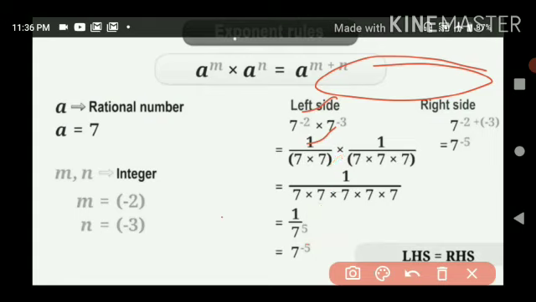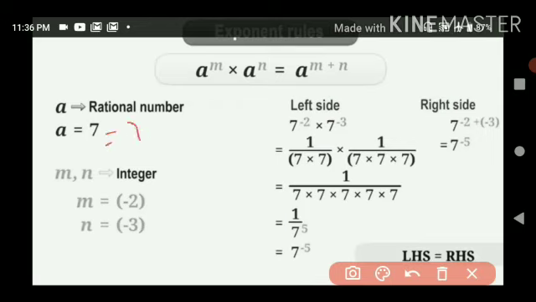So let a be equal to 7, as a can be written as 7 upon 1, so it is a rational number here. And m and n are integers. So m is equal to -2 and n is equal to -3.